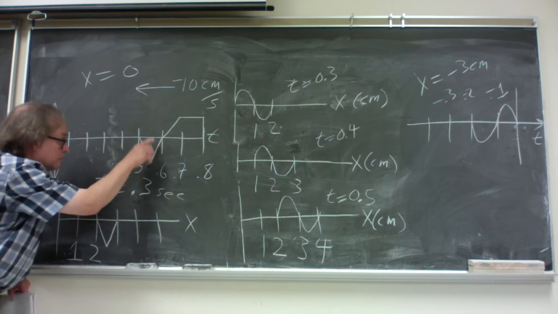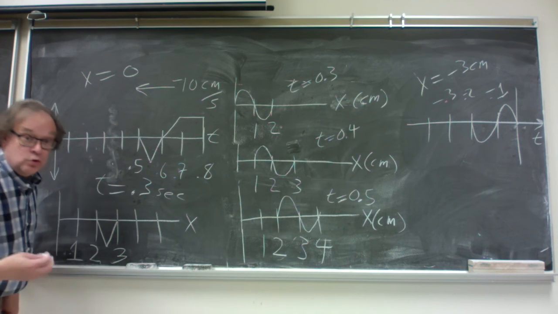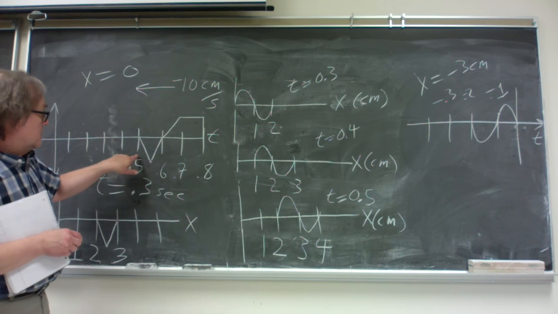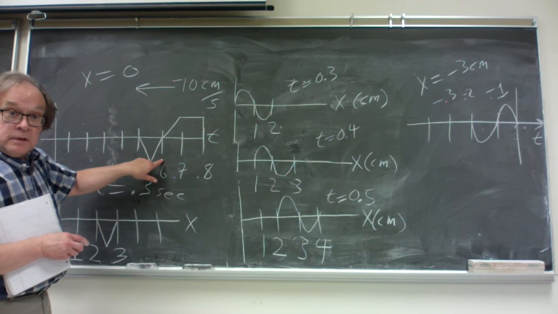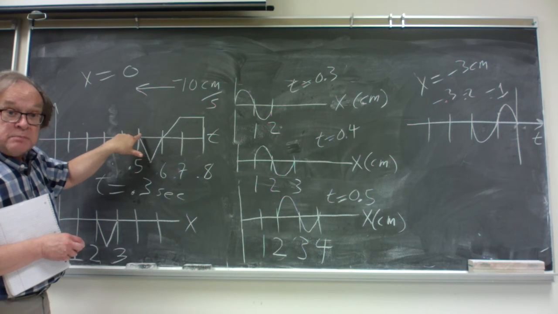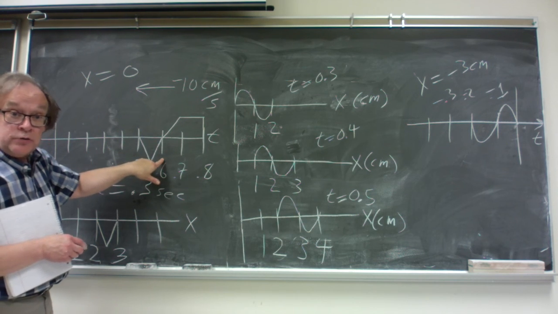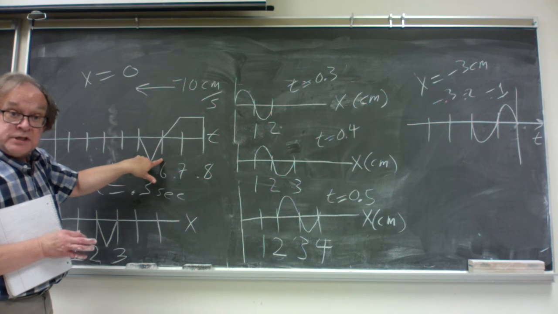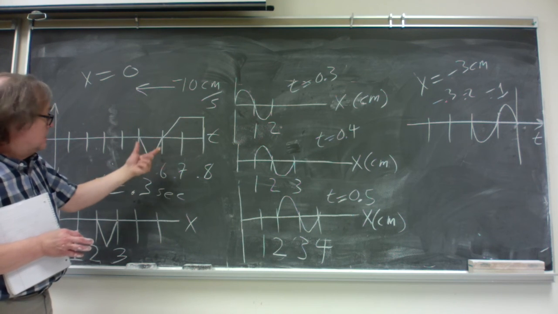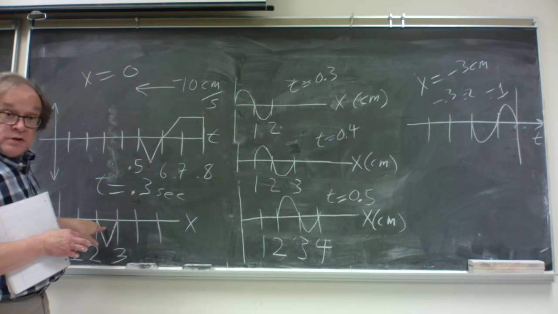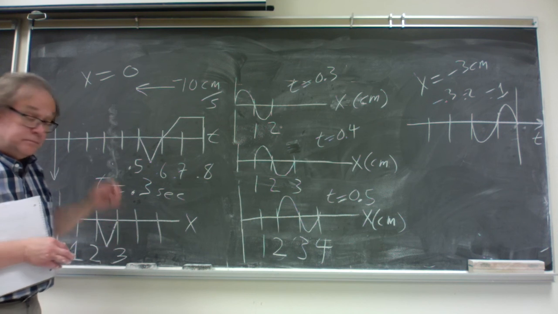And this front part has to be 1 centimeter wide, because according to the history here, it takes 1/10 of a second for that negative displacement part to move all the way through the x equals 0 point. And this thing travels at 1 centimeter per 1/10 of a second. And so if this is 1/10 of a second long, then it must have been 1 centimeter wide.